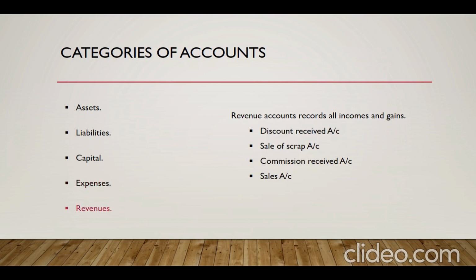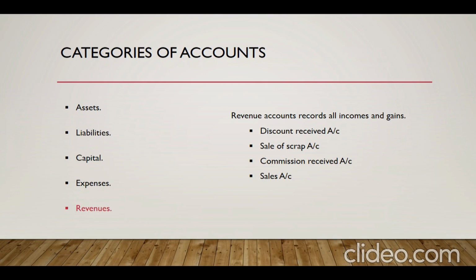Revenue accounts. So all income accounts are categorized under revenue. So any discount received account, sale of an item account, commission received, and particularly sales. Since sales generates revenue, it is categorized under revenues. So these are the categories of accounts.